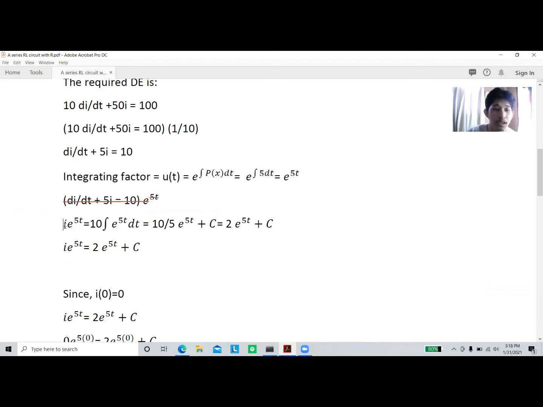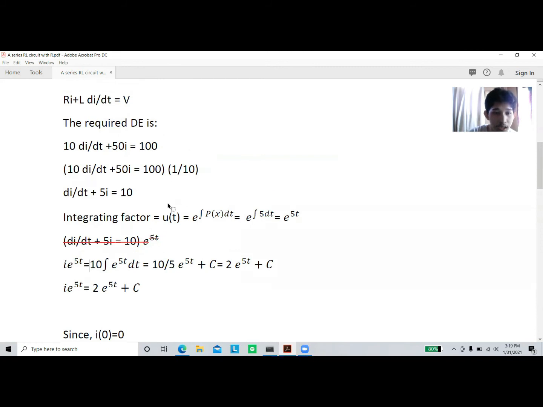To find I, you just need to multiply the dependent variable, which is I, by the integrating factor. This is equal to the right side of the equation of the RL circuit, which is 10 times the integral of the integrating factor, and that's it.